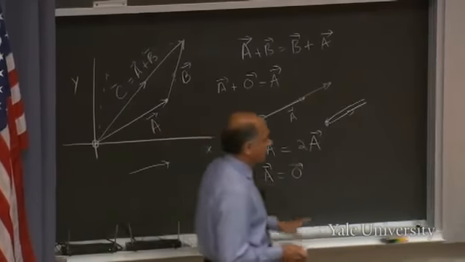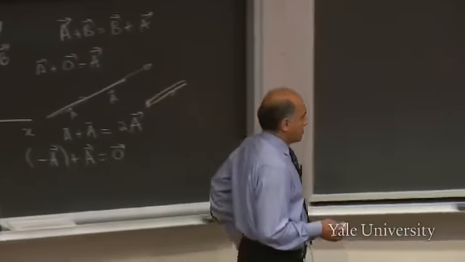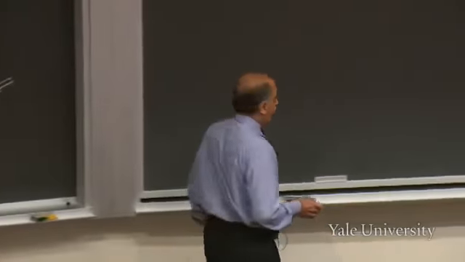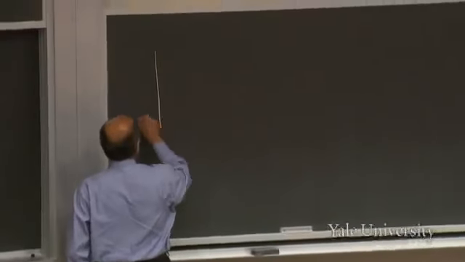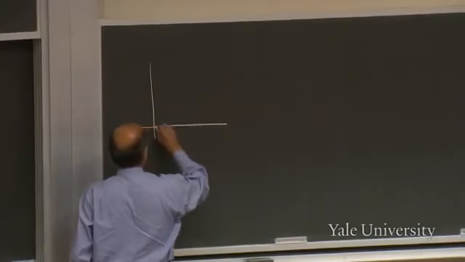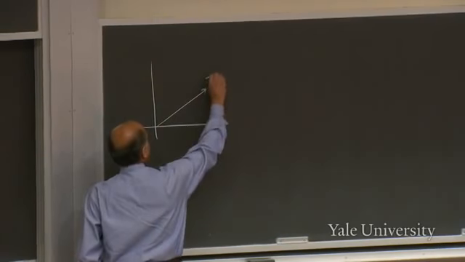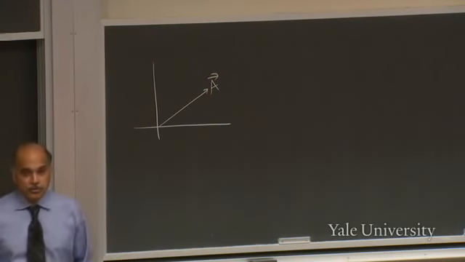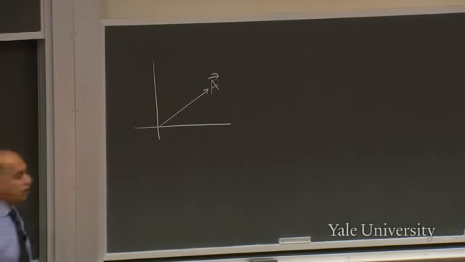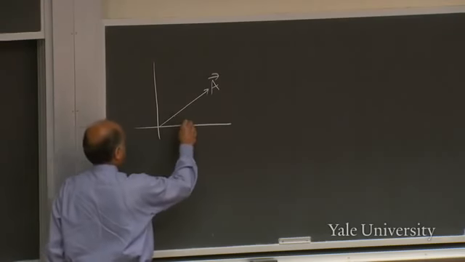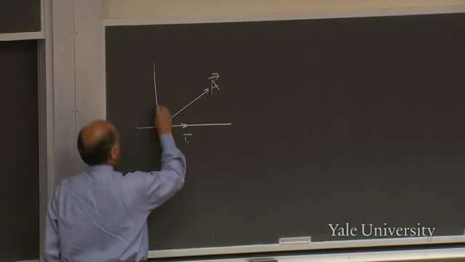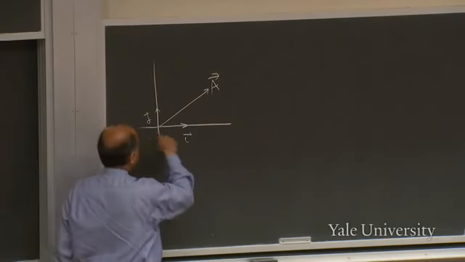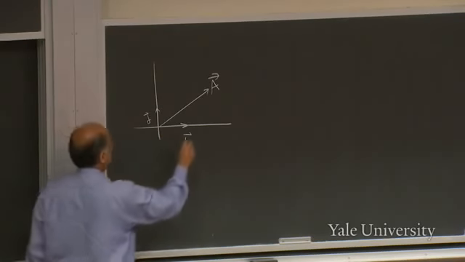Now we're going to come to an important concept, which is the following. You go back to the same xy plane. Here is some vector A. I'm going to introduce two very special vectors. They are called the unit vectors, and this guy is i, that is j. If I had a third axis, I would draw a k, but we don't need that.